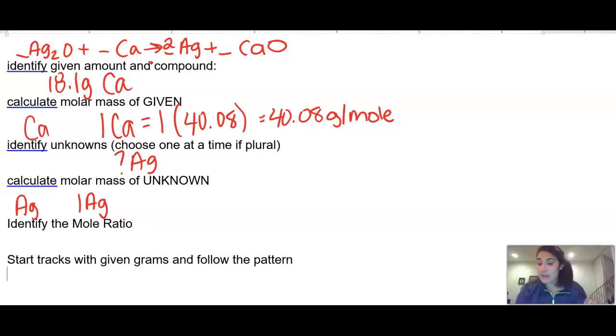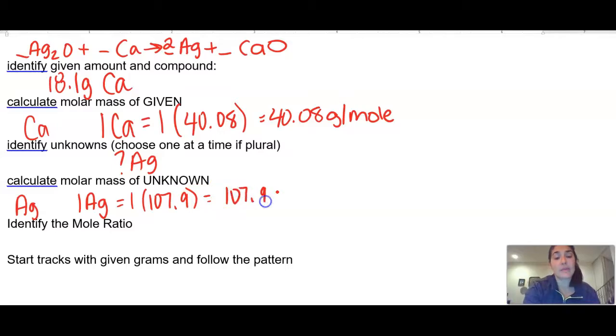When you are calculating the molar mass of something, you are saying how much is in 1 mole, regardless of that balanced equation. So for silver, we're still looking at just one individual 107.9 grams per 1 mole. The 2 comes in with our ratios.